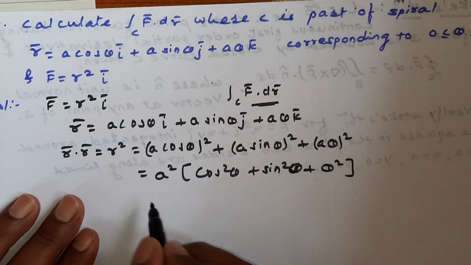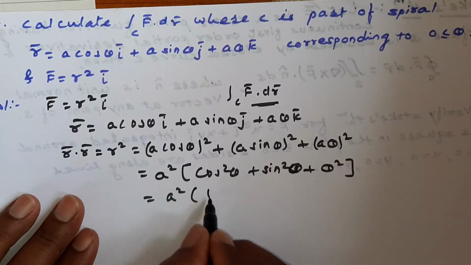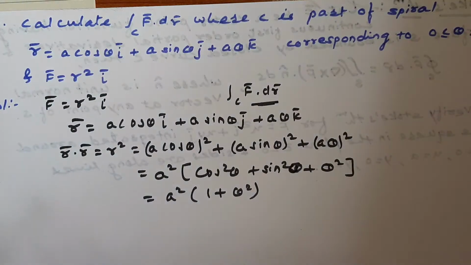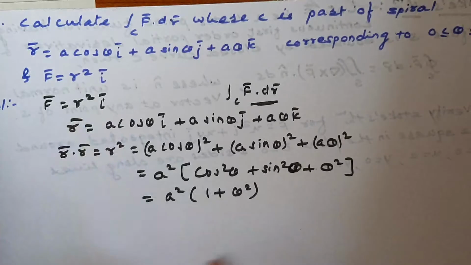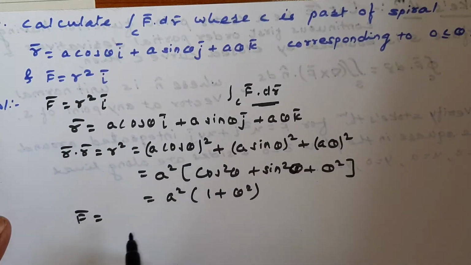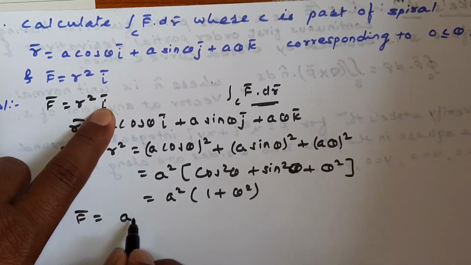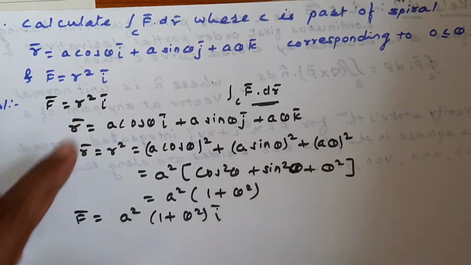Okay, cos square theta plus sin square theta is 1. So a square in bracket 1 plus theta square. Correct? This is my r square. Into i bar is given, so my F bar is equal to r square i bar. Just take i bar here: a square, 1 plus theta square, into i bar.